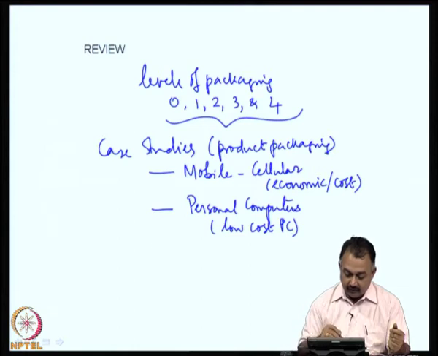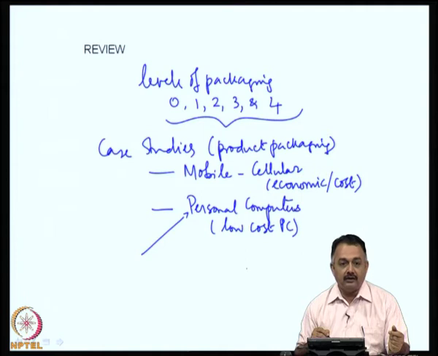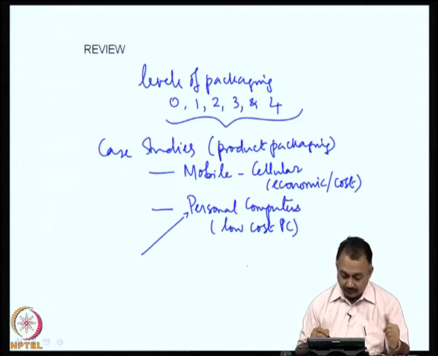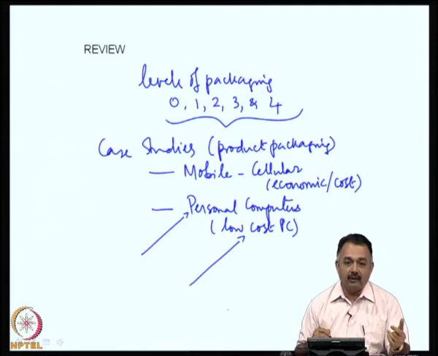So, in personal computers, if it is a desktop computer, then you will look at various angles to fix the cost, and accordingly the packaging also takes place. But for a low cost PC, we also saw how to make it low cost by choosing a different set of materials and different packaging aspects.